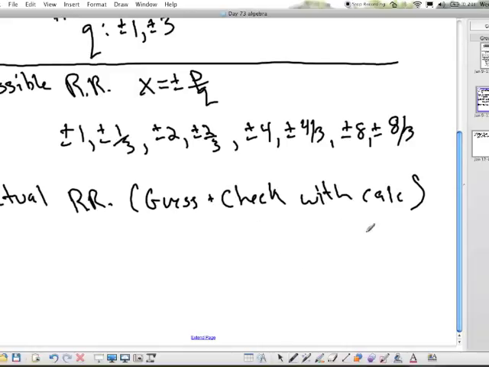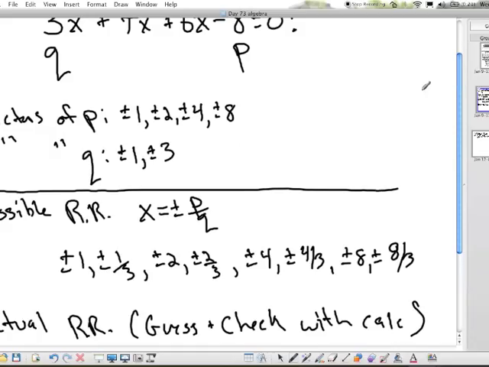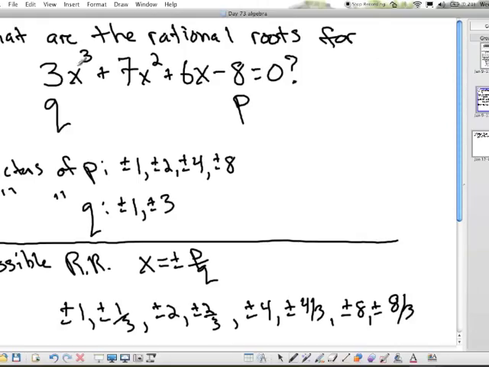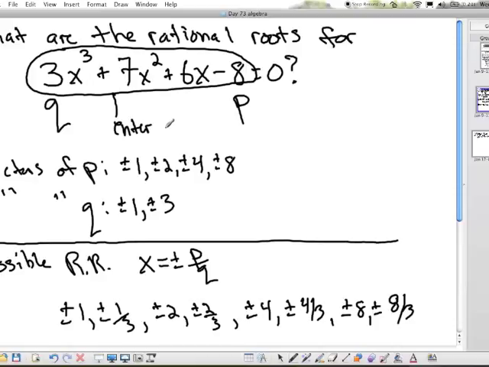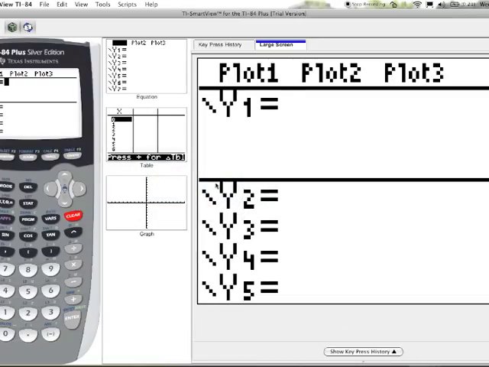So we want to enter our polynomial into y1. So let's do that right now.